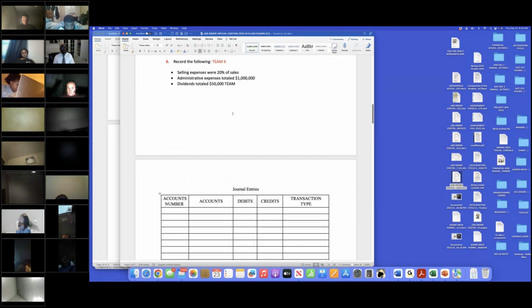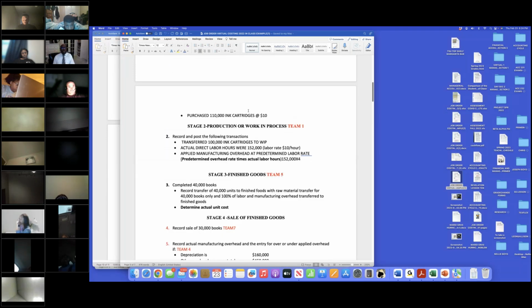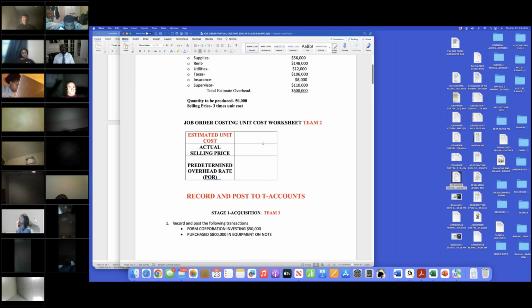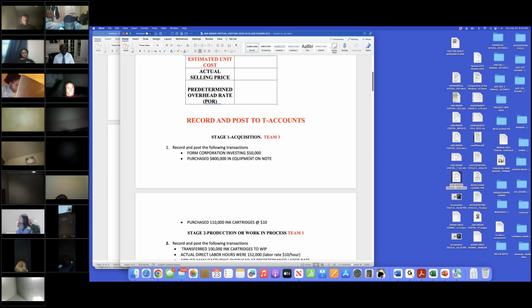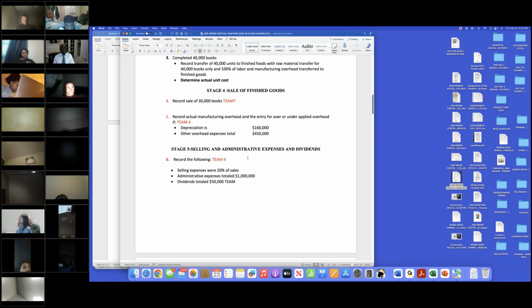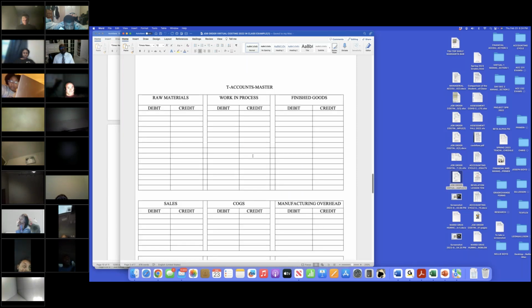these assumptions. And so how do we work this problem? We calculate these items: selling unit costs, estimated unit cost, selling price, and POR. Then we make our journal entries in stage 1, 2, 3, 4, and 5. We post those journal entries to the T accounts, but the only T accounts I'll be looking at would be raw materials, work in process, finished goods, sales, cost of goods sold, and manufacturing overhead.